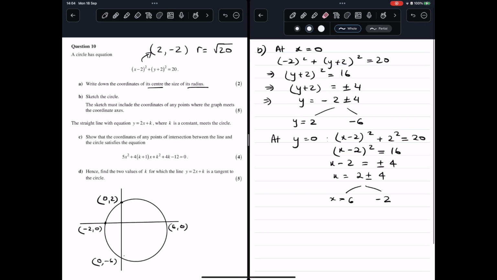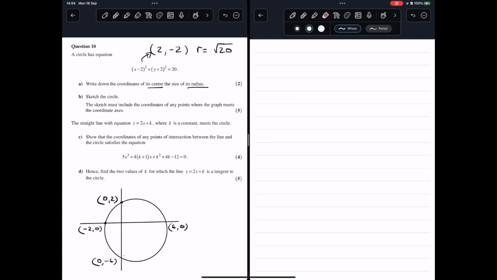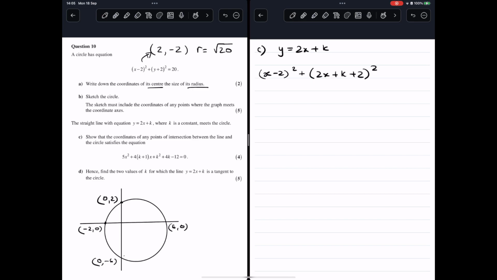Now, for the next part, I have been given a straight line with the equation y equals 2x plus k, and I need to solve it simultaneously to show that the coordinates of the intersection satisfy the following equation. So I'm going to put the equation of the line into the circle's equation: x minus 2 squared plus 2x plus k plus 2 whole squared equals 20.